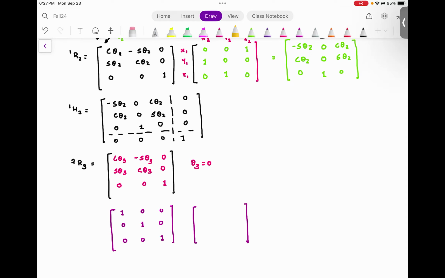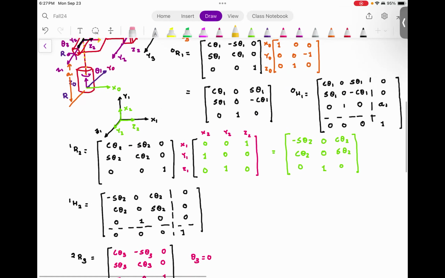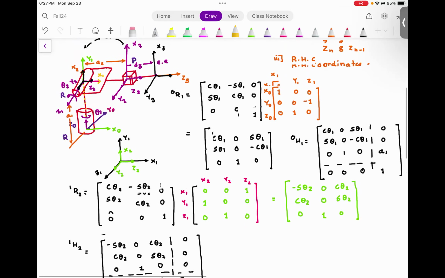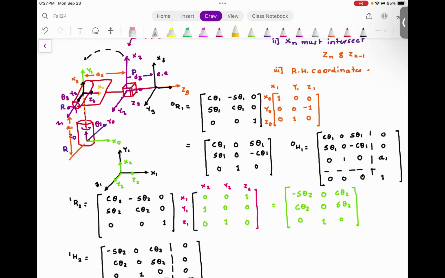For this problem, I would have x3, y3, z3, x2, y2, z2, and check this out. My x3 is aligned with x2, my y3 is aligned with y2, and my z3 is aligned with z2.